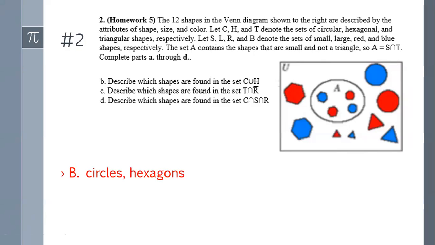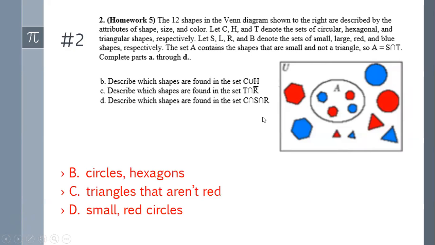C describes the shapes which are T in the complement of R. So triangles that are also not red. And the last one, shapes that are C, disjoint of S, disjoint of R. So circles that are small and red. Small red circles. That wasn't too hard. Just a little bit of extra practice for you.